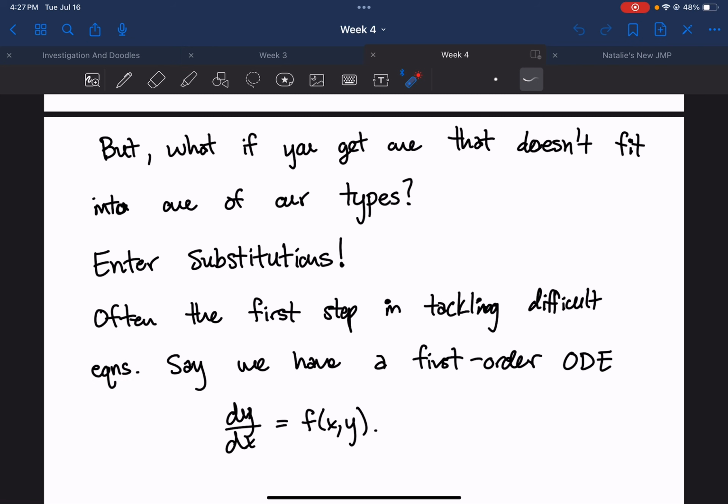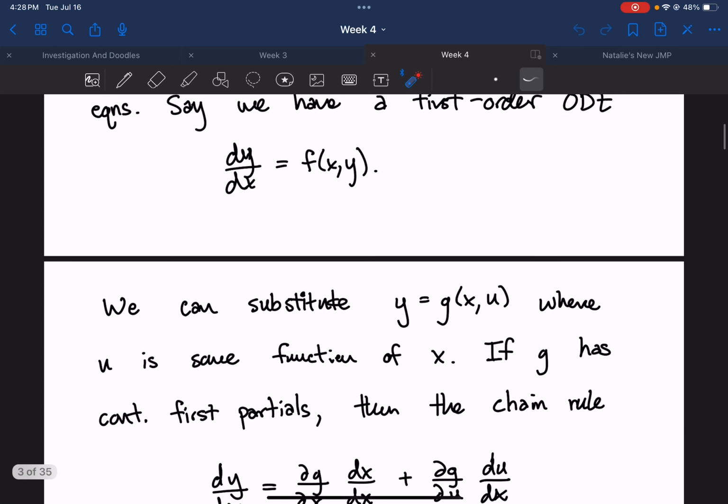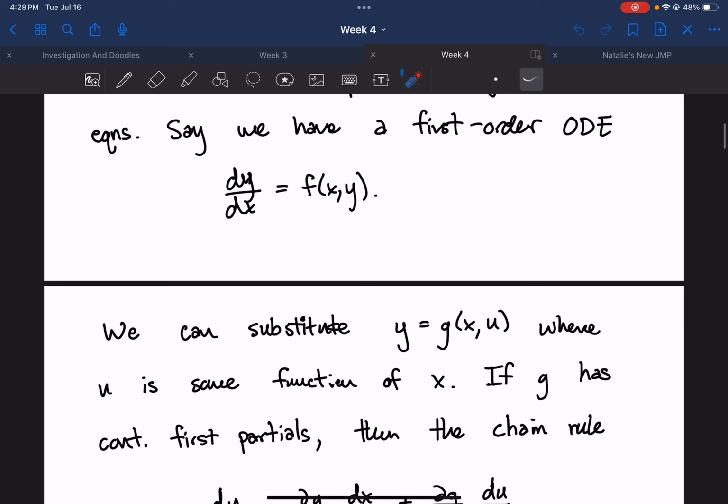So let's say we have a first order differential equation that looks like this: dy dx equals some function of x and y. You can substitute out the y by plugging in a function of x and some unknown variable u. This is just like a u sub, where u is some function of x.